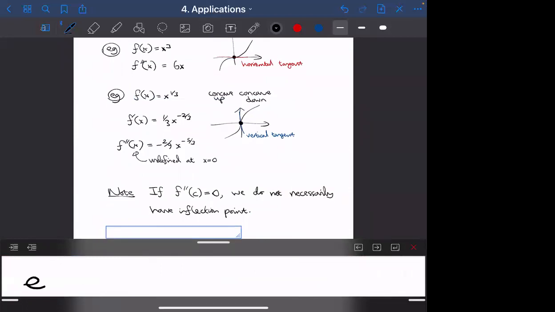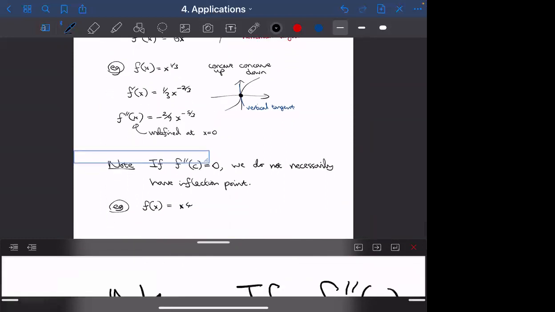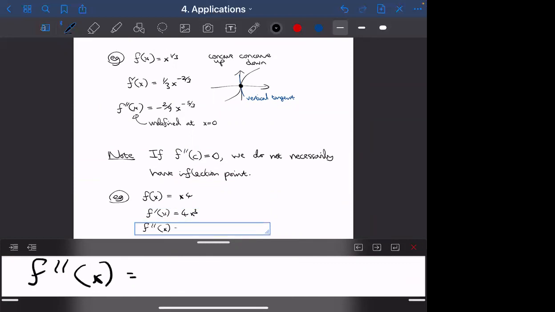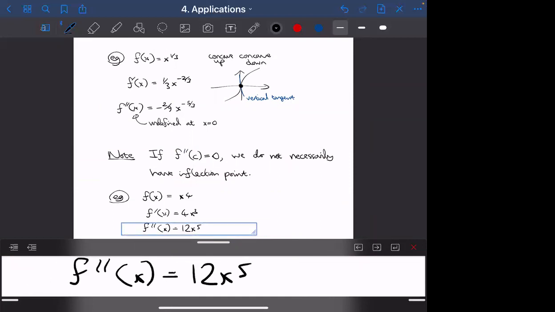But an example when we have f prime prime is 0, but no inflection point, is if I take f(x) is x to the 4, and then in the same way, f prime x is 4x cubed, and f prime prime x is 12x squared. So that's 0 at 0.